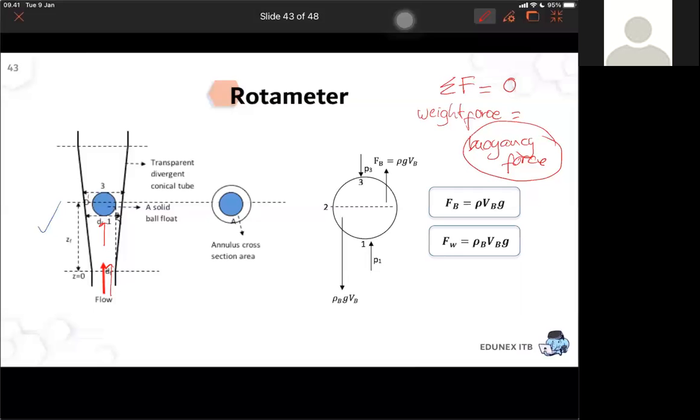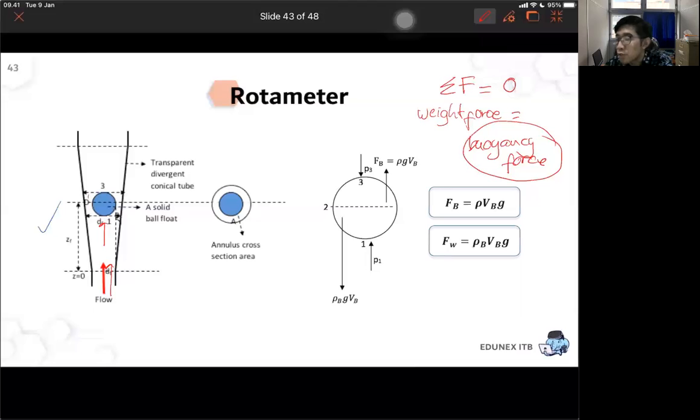Is that right, sir? Okay, buoyancy force is the force given by the fluid to compensate the weight force, right? The direction will be upwards while the weight force is downwards.